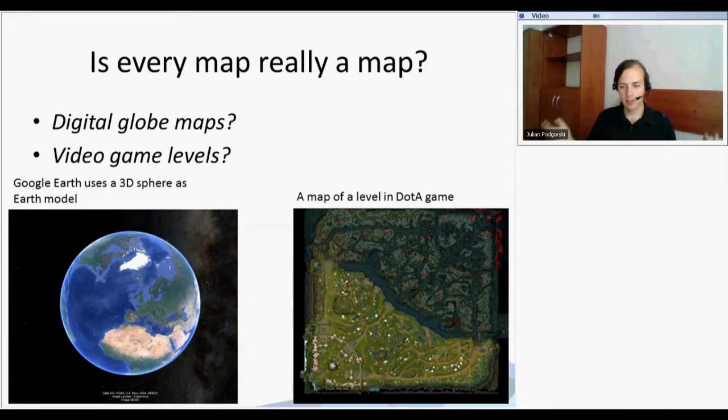It just exists as a digital model of the Earth. And is it still a map? Probably it is. We're using it as a map. We can zoom in to our house. We can see different places. We can use it again for navigation. If we zoom in, it probably starts having scale. Who knows?